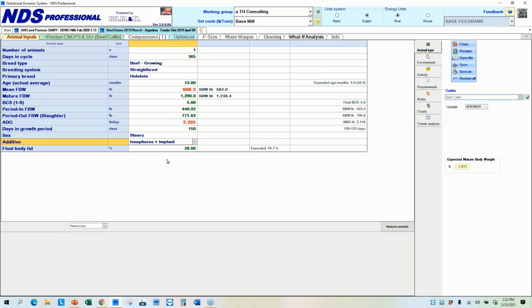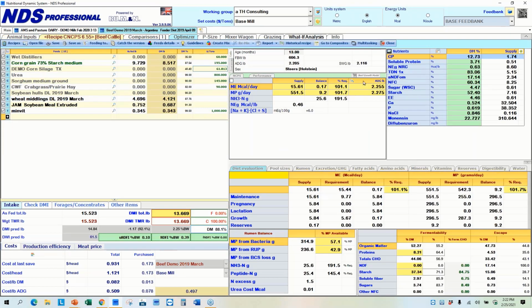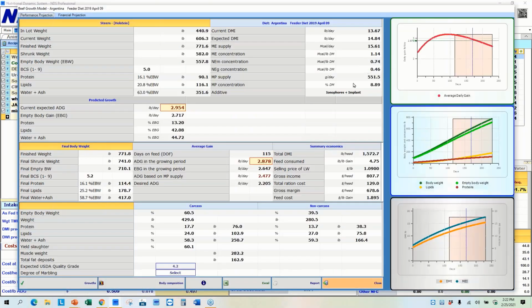For example, you input 28%. Can you check the average daily gain right now? 2.25. Okay, and I would probably, yeah, 2.95. Okay, can you close?